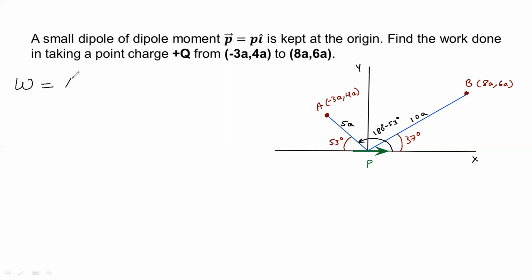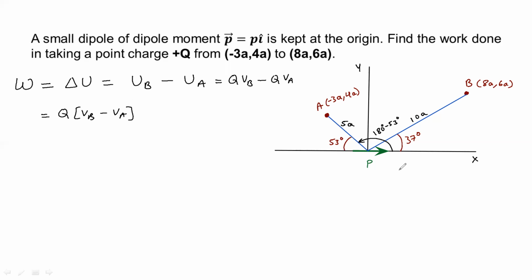So it is simply delta U, or UB minus UA. UB is going to be Q times VB, while UA is going to be Q times VA. Since this is a positive charge, you don't have to change the signs. So I'll write it like this: Q times (VB minus VA).